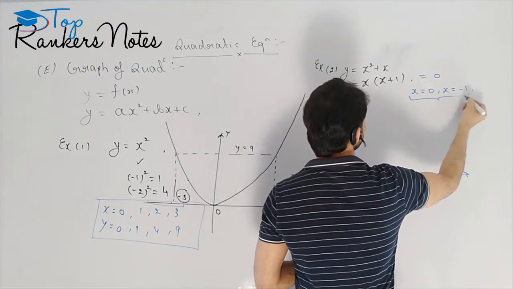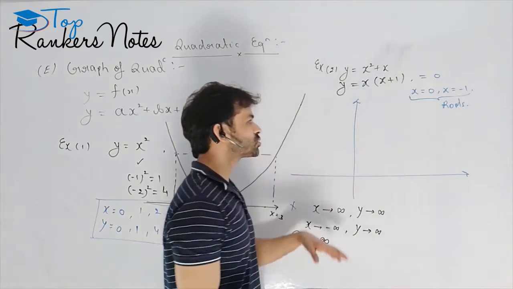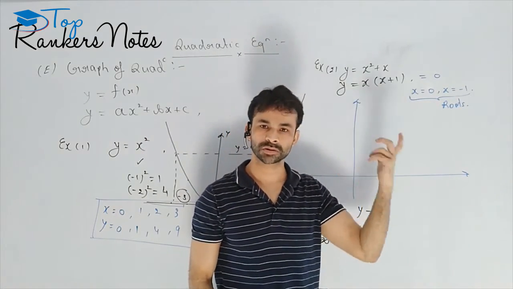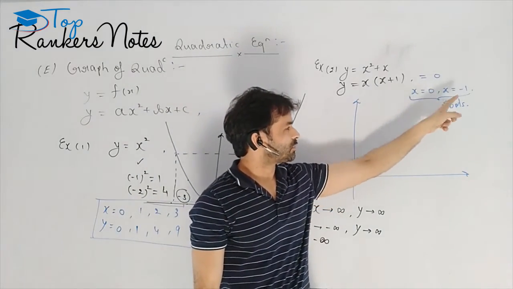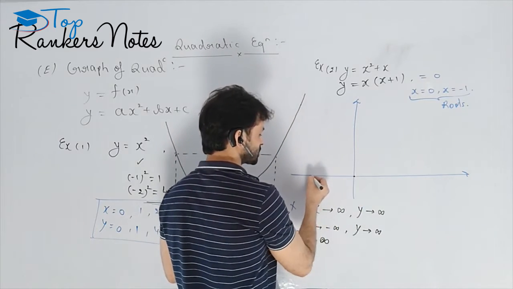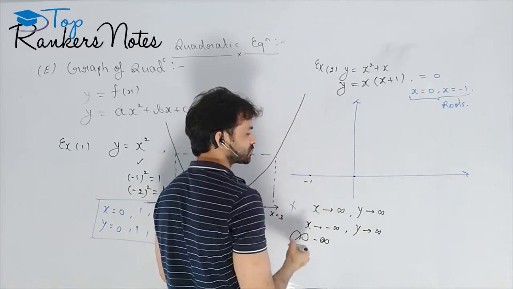These are the roots. As you know, values of x mean roots of the quadratic expression. So the roots are 0 and minus 1. So this is the point 0. This is the point, let's say, minus 1. Here y is 0. Here y is 0.